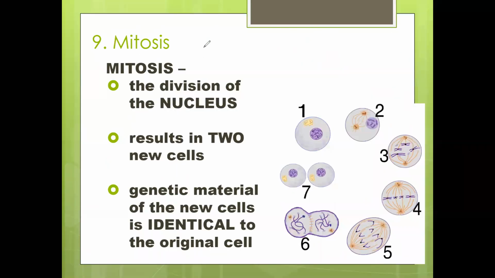Okay, so we can break down mitosis into a few different things. But on the whole, mitosis, again, the division of the nucleus, is going to result in two new cells. The genetic material of those two new cells is going to be identical to the original parent cell. And that is important because let's say you cut open your arm on accident, your body has to repair that damage.